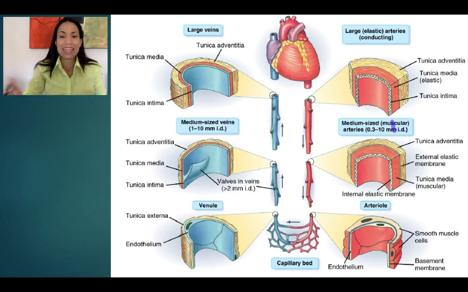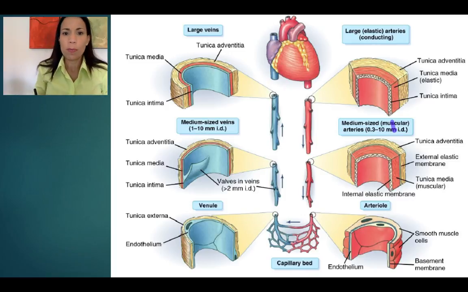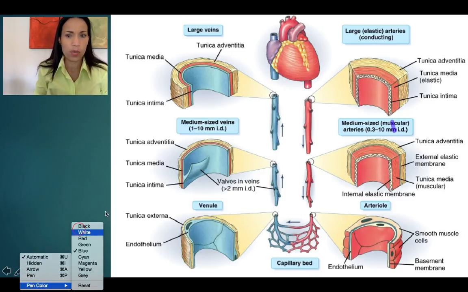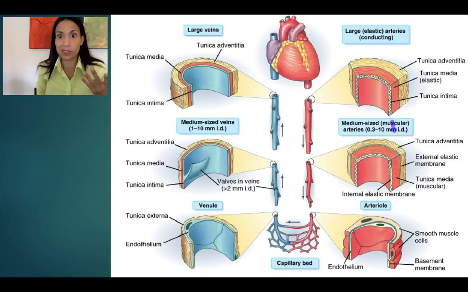Now, what are the types of blood vessels? Remember that we said we have three types of blood vessels. We have the arteries, which move away from the heart. We have the veins, which move toward the heart. And in between, we have the capillaries. Now, the arteries branch as they come out from the heart into smaller branches or divisions.